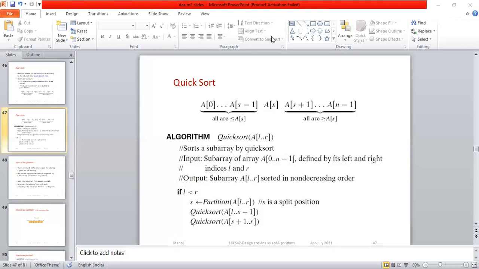So what is the value of L and R? Can anybody tell? What are the values we have for L and R? L is equal to what?